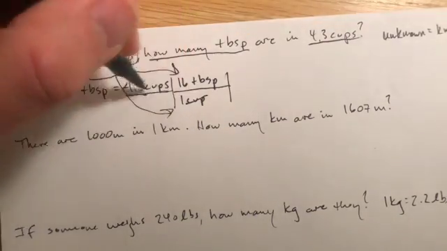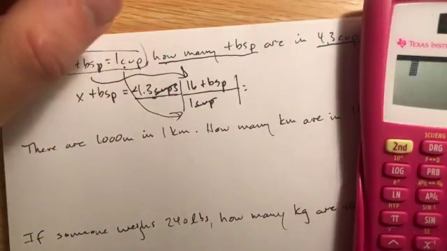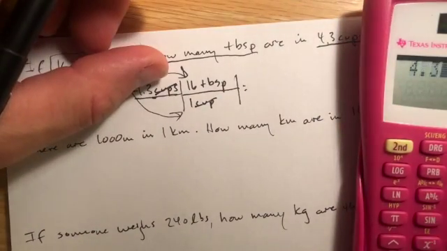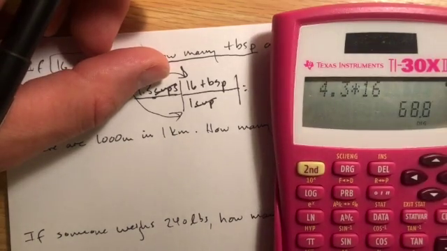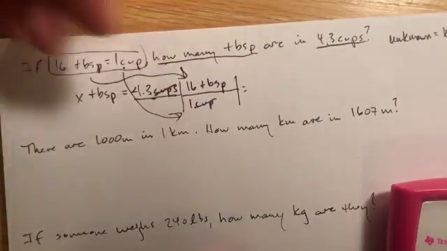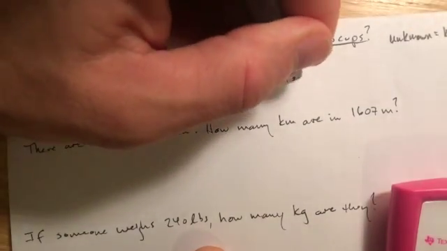Okay, so cups cancel out cups, and I go 4.3 times 16, and I get 68.8. 68.8 tablespoons.